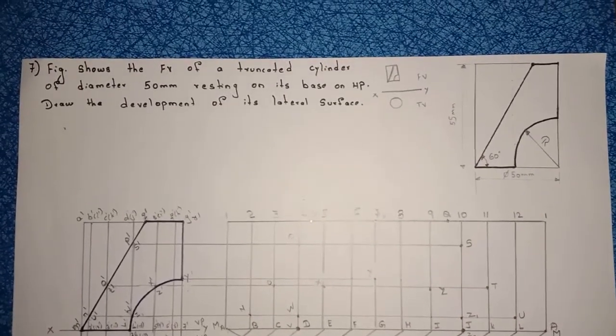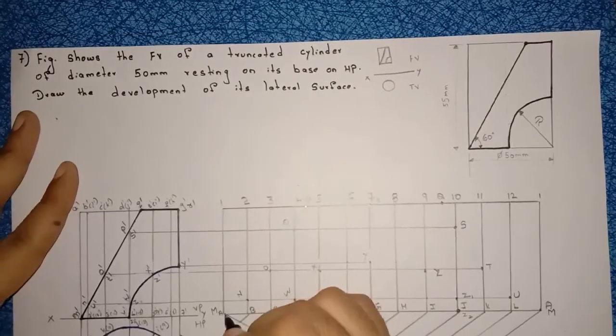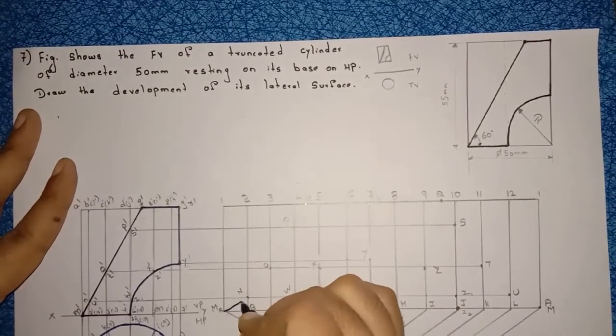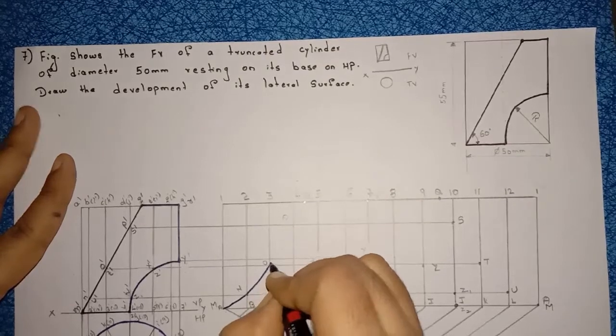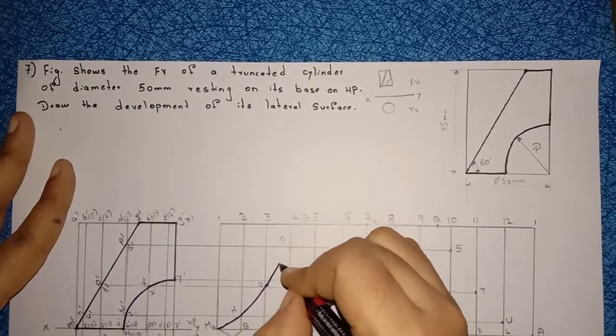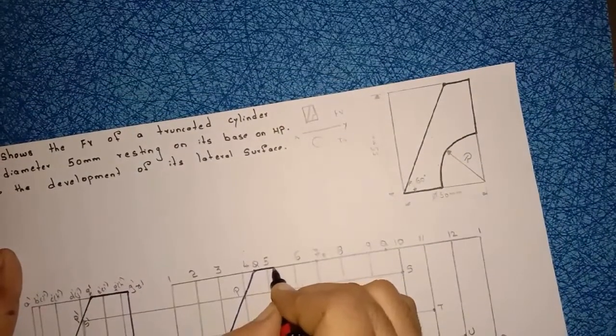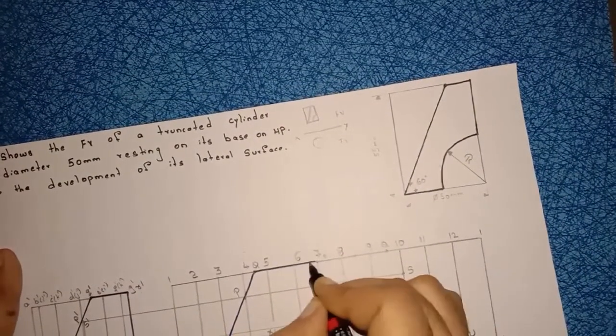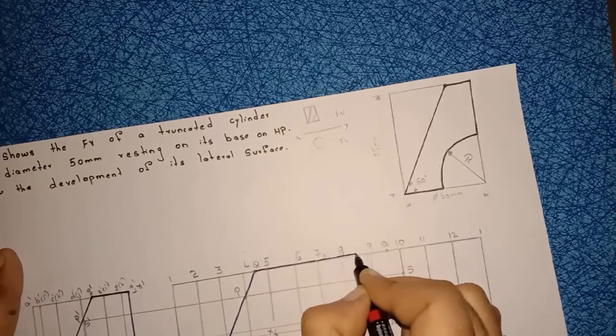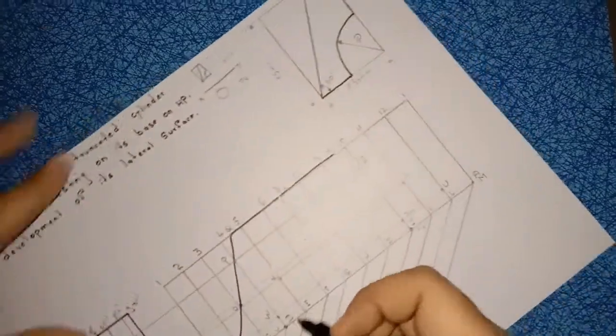Right? Now after that join all this M, N, O, P, Q. Here this is a straight line Q to R and again R to Q. This is the straight line.